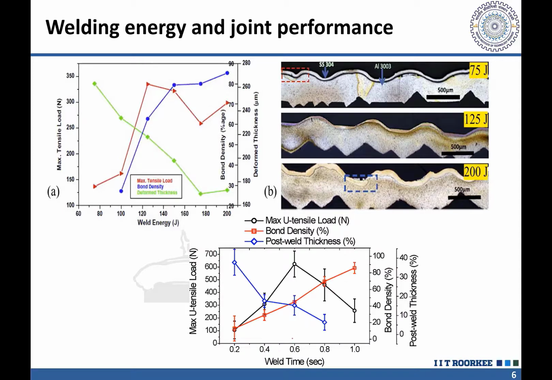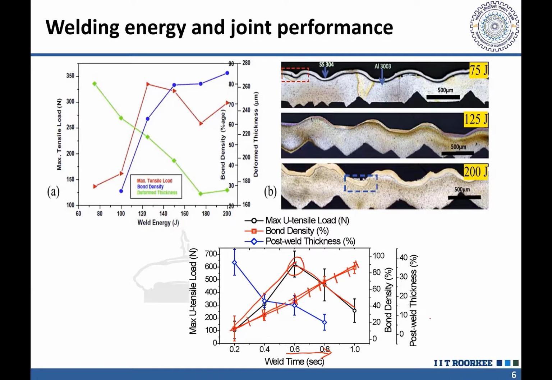Here if we see, for a given setting, if we increase the weld time, that in turn will be increasing the welding energy also. Increasing the weld time increases the joint strength up to a limit. Thereafter joint strength starts decreasing, but the bond density or the interfacial bonding will keep on increasing.